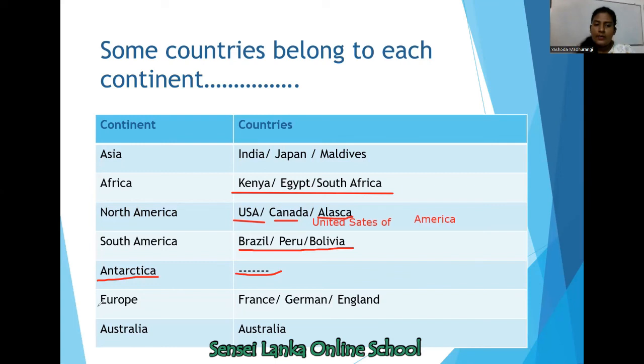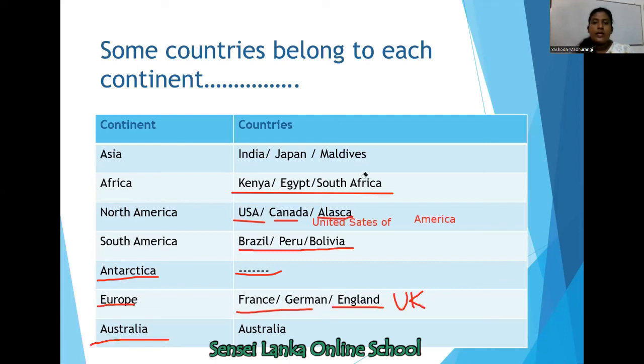So now we are coming to Europe. What are the countries? Do you know England? Sometimes we say UK, United Kingdom. Then Germany, France, Switzerland, Finland, Poland, Denmark. There are many. So when we go to Australia, the smallest continent, there's Australia. It is the famous country, Australia.